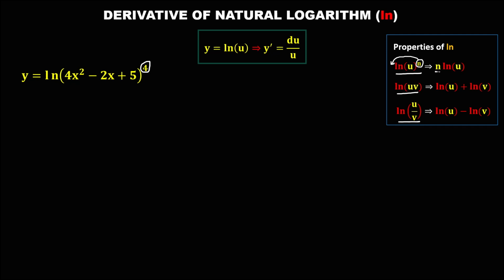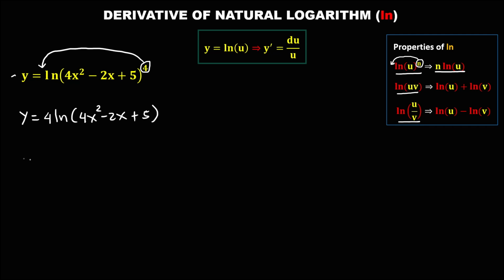So this becomes n times ln u. So from this given, we can rewrite this as y equals, put this exponent before ln. So this becomes 4, then ln of 4x squared minus 2x plus 5.